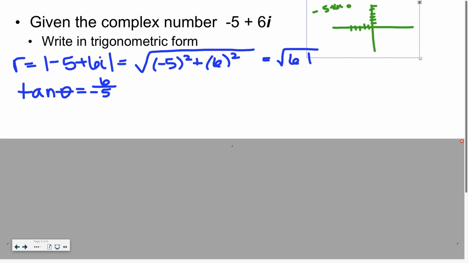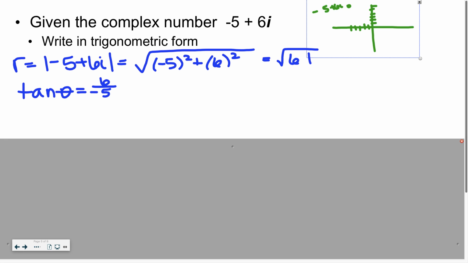So in your calculator that's in degree mode, please take the inverse tangent of 6/5 or -6/5. Either one would be fine. What do you get? 50.19.